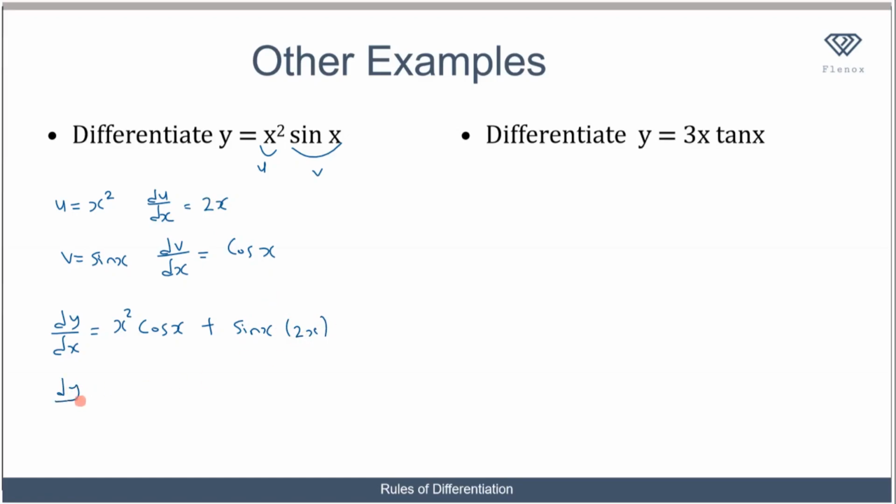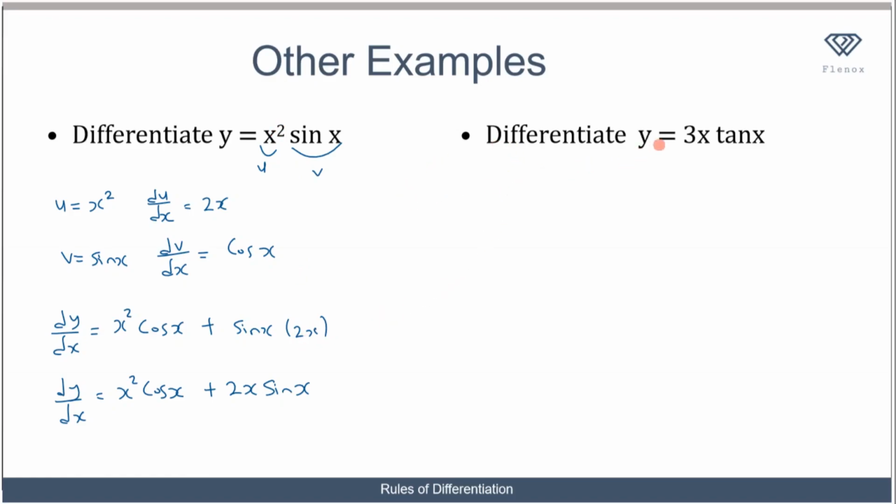When I differentiate this, I have x squared cos x plus 2x sin x. If you look at this carefully, what does this represent? We took the first term, x squared, and multiplied it by the derivative of the second term, which gave us cos x, plus we took the second term sin x and multiplied by the derivative of the first term x squared, which gave us 2x.